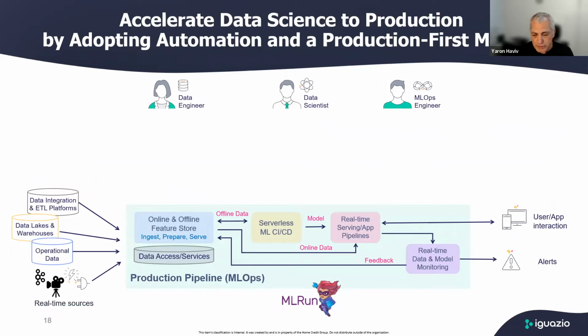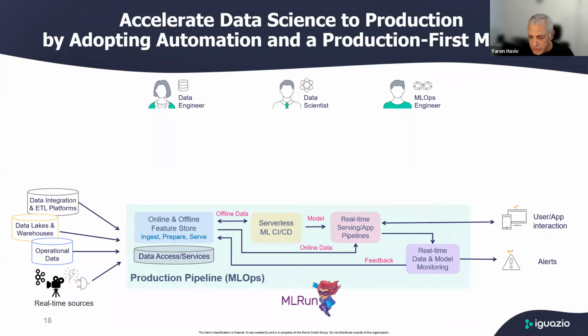And the approach that we chose to implement to allow this model of operation, where you have the different personas, the data scientists, the data engineers, the ML engineers, software developers, all work on one framework, everyone with his own traditional set of tools. If data scientists like to work in PyCharm or Jupyter, they can do that.